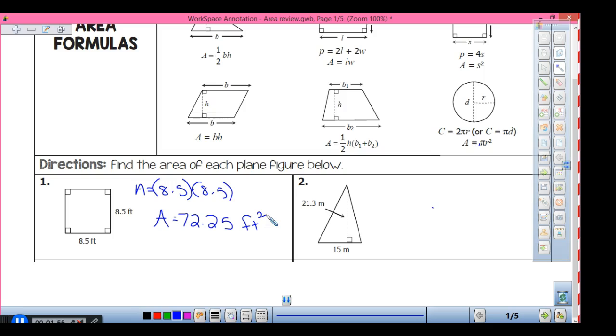Okay, triangle, how am I doing triangle? Oh no, careful. 1/2 base times height. So 1/2 times what's my base? 15 times what's my height? 21.3.